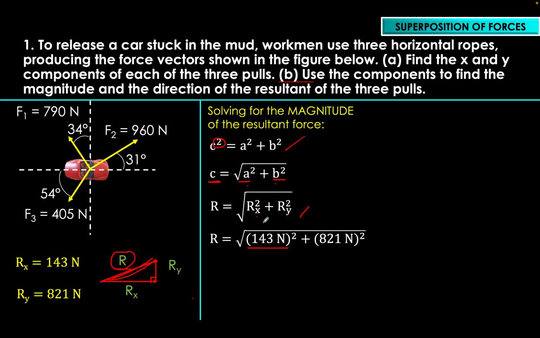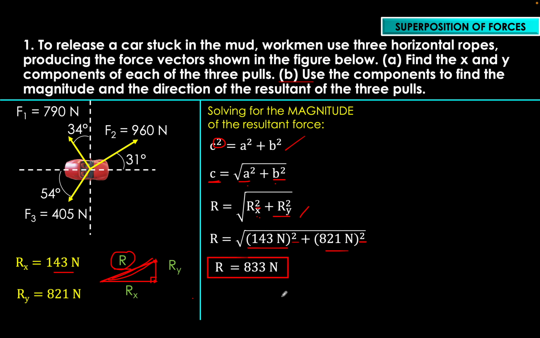And then we plug in the given. So R sub x is 143 newtons and then R sub y is 821 newtons. So there you have it. Do not forget the exponents because obviously your answer will be wrong if you forget those little details. If you use your calculator, you're supposed to get 833 newtons for the resultant force of all these three pulls.